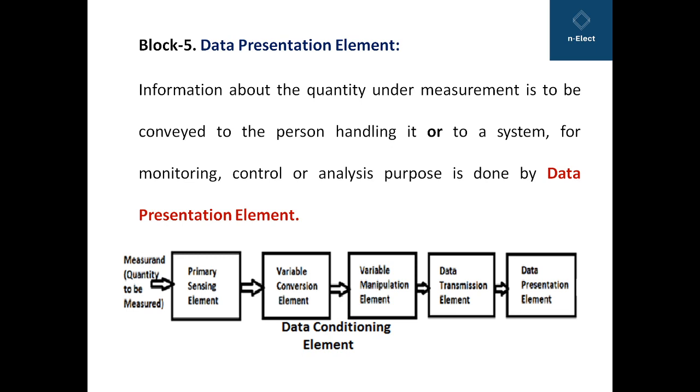As an example, if we consider the speedometer of a two-wheeler, then on the speedometer we can directly see the speed of the vehicle. But do we get that speed directly? No. There is a system working for displaying the speed. How is it done? The front wheel of the two-wheeler is connected to one cable. The other end of that cable is connected to the speedometer.